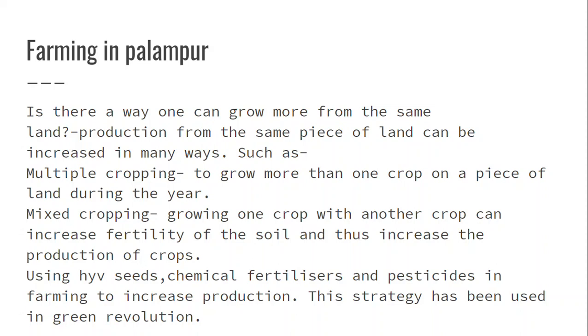This strategy has been used in a great thing called the Green Revolution. In this slide, there's one important point about the difference between multiple and mixed cropping. In multiple, they grow more than one crop, but not together. It's on the same piece of land, different crops, different seasons, one crop in a land at a time. But in mixed, there are two or three varieties of crop on the same piece of land, same season.